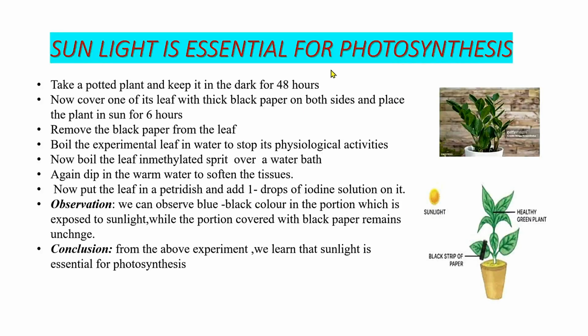Next, the last essential factor for photosynthesis is sunlight, because sunlight is the only source from which the plant gets energy. That energy, as we learned in the mechanism, is helpful to absorb the light in the form of energy for the splitting of the water and the chemical reaction.